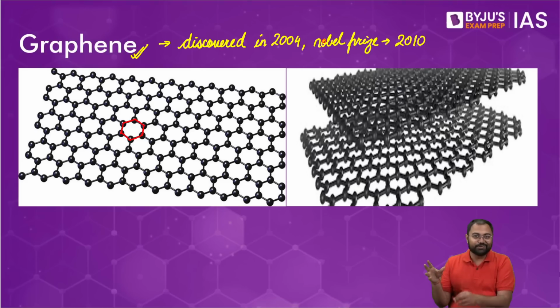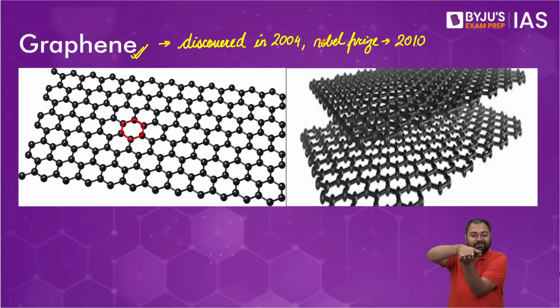The scientists who got the Nobel Prize for the discovery of graphene were playing around with graphite. They had particles of graphite, and they were using sticky tapes, the cello tapes as you call them, on graphite, just peeling it off, and when they looked at it under the microscope, they found graphene.